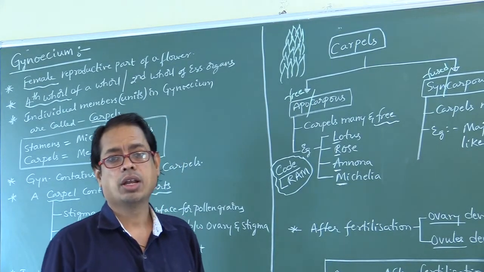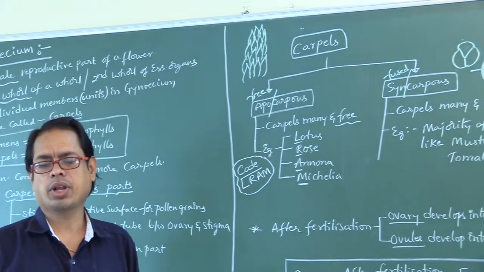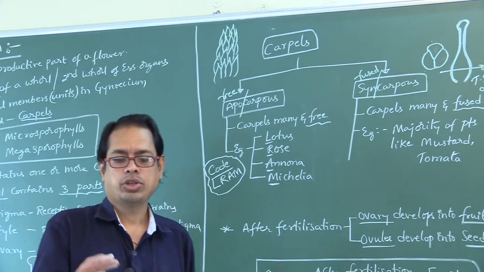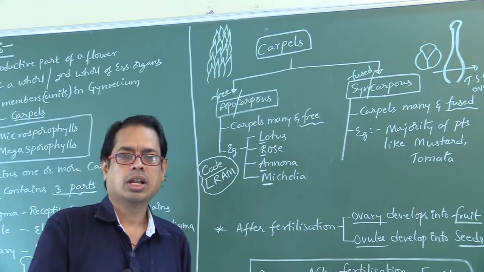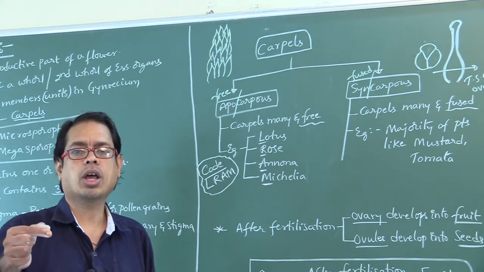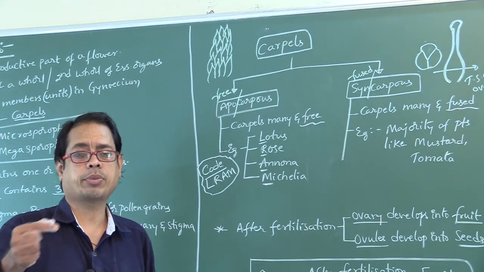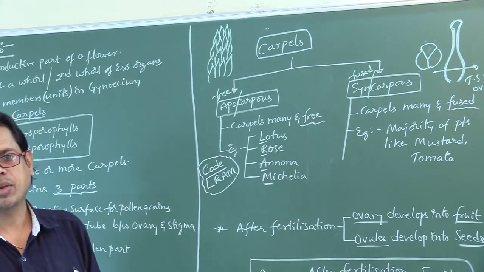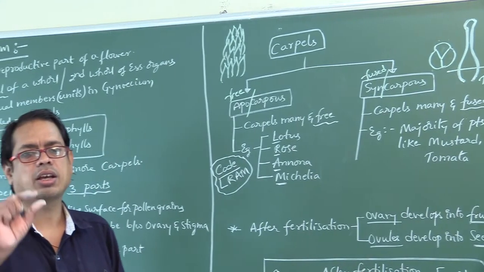Examples: brassica, argemone, cucurbita. Initially unilocular, later it becomes bilocular due to formation of a false septum in brassica, argemone.